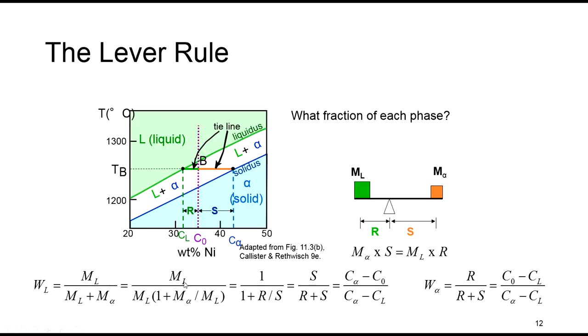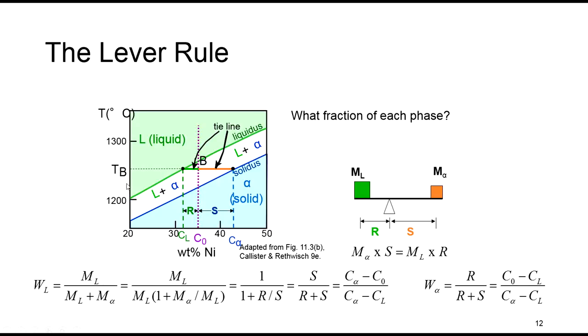We can take ml out from the lower part of the fraction, so we will have 1 plus this fraction, and ml from up and down are cancelled, and then we end up with this relation: 1 over 1 plus r/s, which can be simplified to this relation: s divided by s plus r, and s is this distance shown here, which is equal to c alpha minus c0, and the total distance is equal to c alpha minus cl.